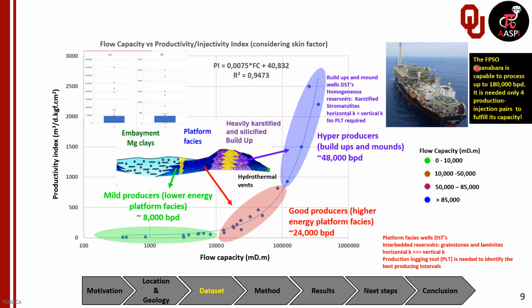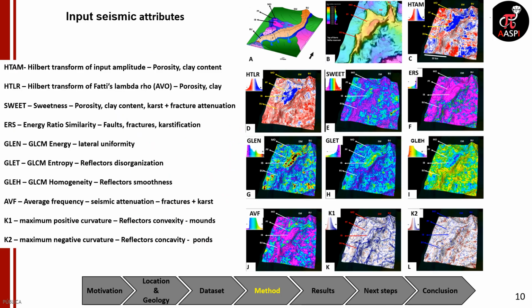The FPSO present in the area has a capacity of around 180,000 barrels per day. To fulfill this capacity, it takes only 4 pairs of this kind of vertical wells to fulfill this huge FPSO. So it's very interesting to identify these kinds of reservoirs as early as possible in the project timeline.